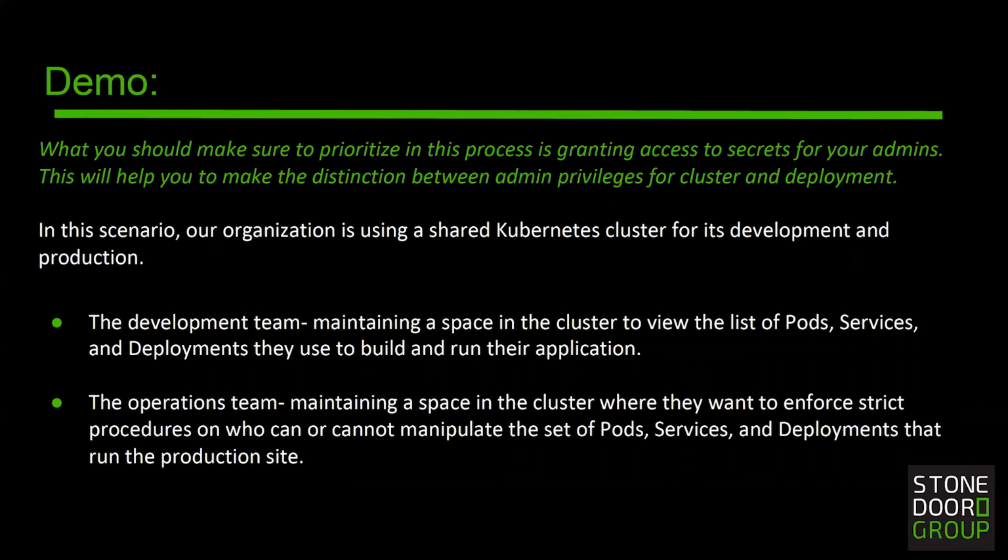Our development team will be maintaining a space in the cluster to view the list of pods, services, and deployments they use to build and run their application. Our operations team will be maintaining a space in the cluster where they want to enforce strict procedures on who can and cannot manipulate the set of pods, services, and deployments that run on the production site.